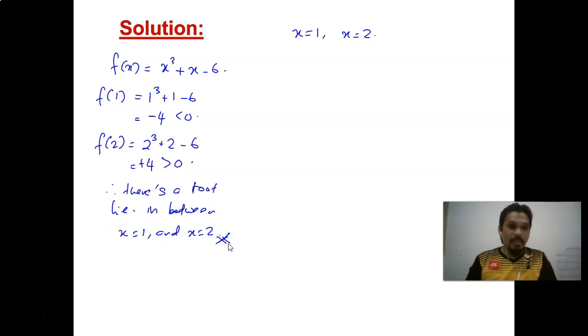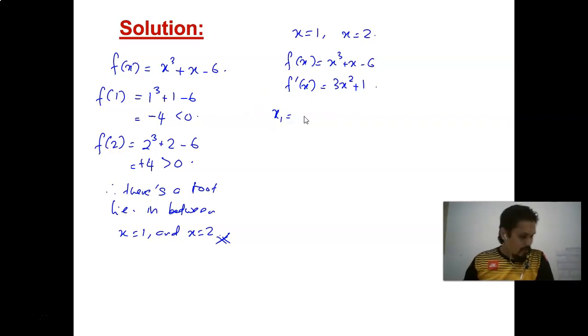Okay, so then now from f(x) equal to x cubed plus x minus 6 and f prime x equal to 3x squared plus 1. So the first value, x1, is given, that is 1.6.